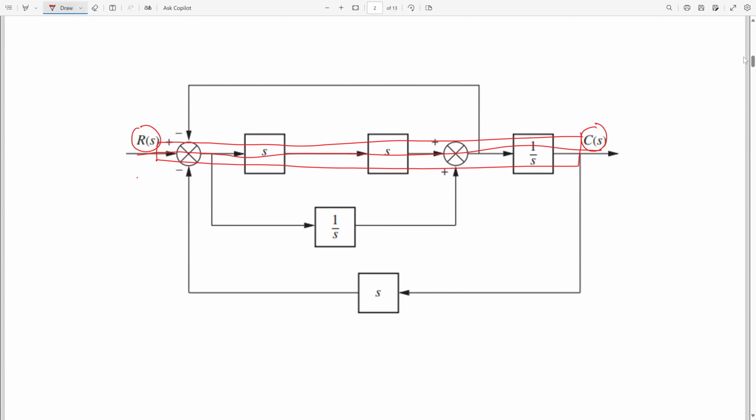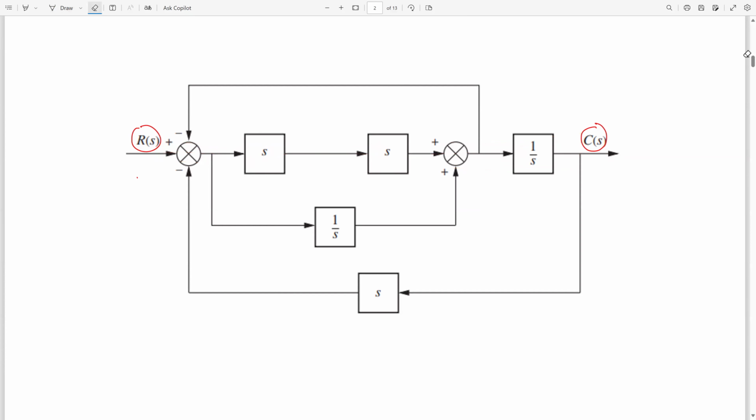Okay, so we've done well identifying our forward path. Now, the second step is identifying your internal signals on the forward path. The first internal signal that I like to identify is the signal right here. Let's name it A. Then I move along the forward path and identify another signal here.